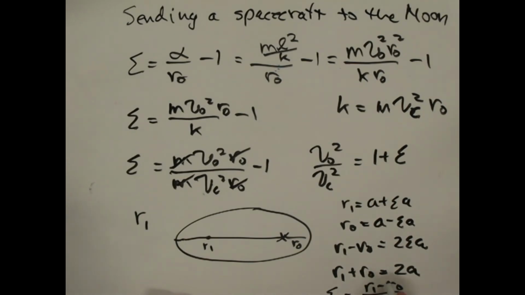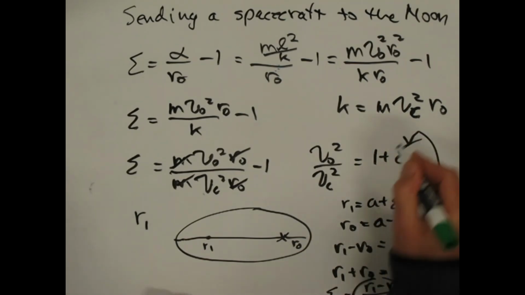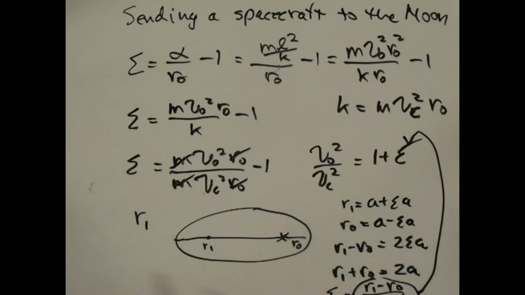I'm going to stick this in, since we know these numbers. I'll write it over here: v0 squared over vc squared is equal to R1 minus R0 over R1 plus R0, plus 1. This you can evaluate.